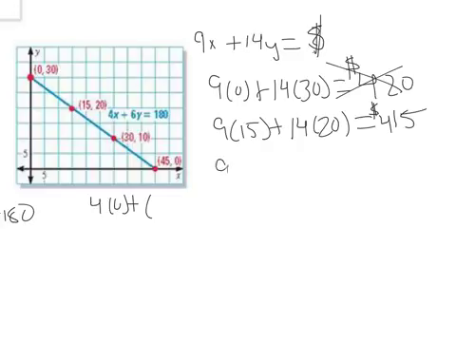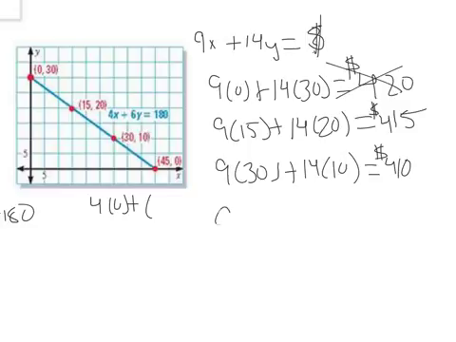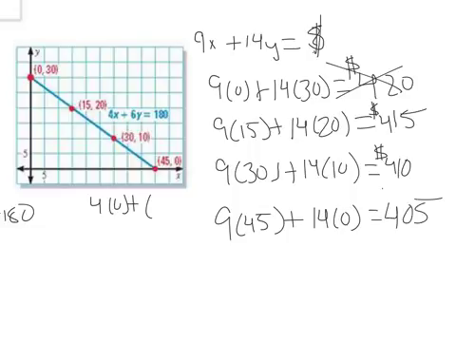Then we go 9 times 30 plus 14 times 10, and that would cost $410. The last one we check, 9 times 45 plus 14 times 0, and that would cost $405. So these are gone. Here's our best value, all small tables. Okay? See you guys in class.